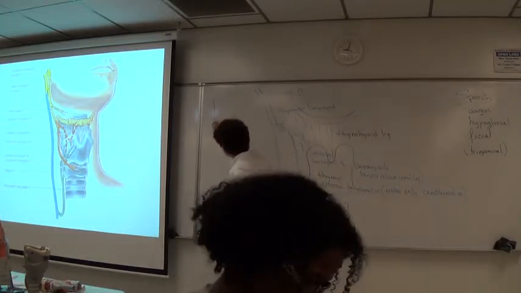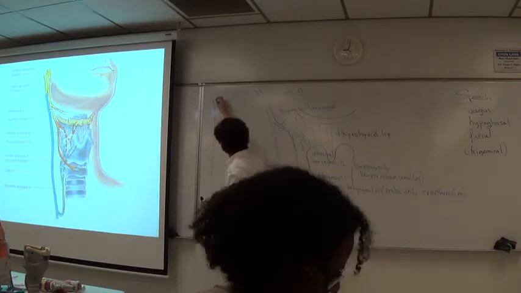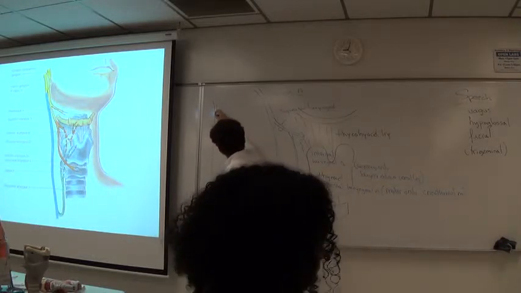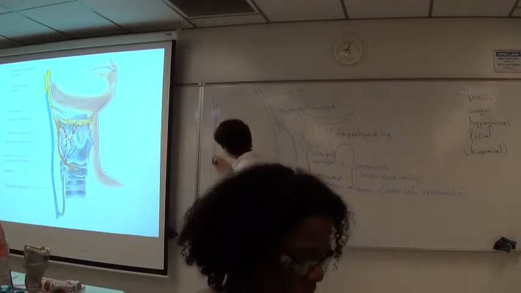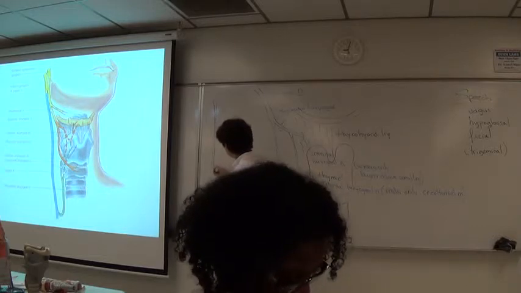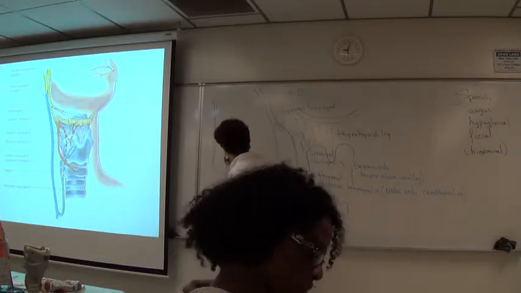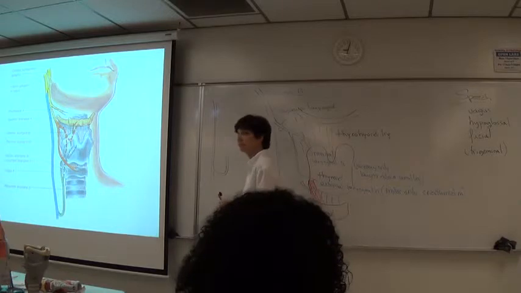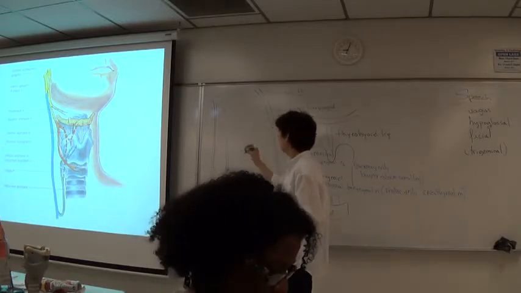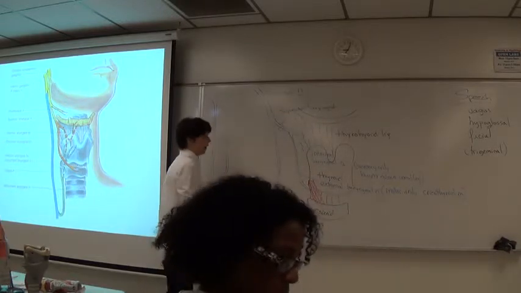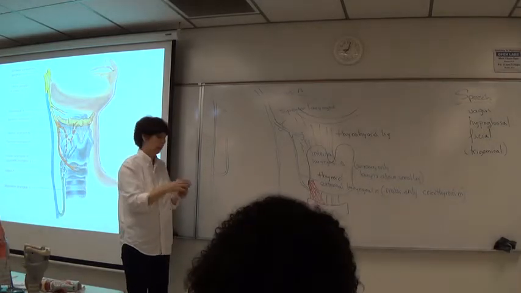So as it goes down into the thoracic cavity, about the level of the subclavian, another branch comes off and returns back to the neck region. So this branch that returns is identified as recurrent laryngeal nerve.